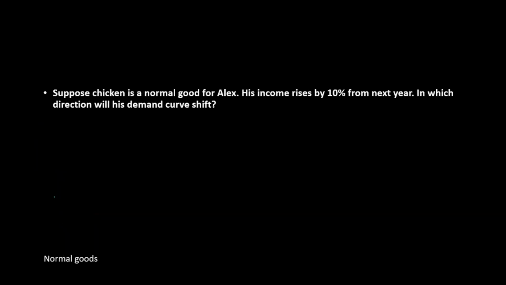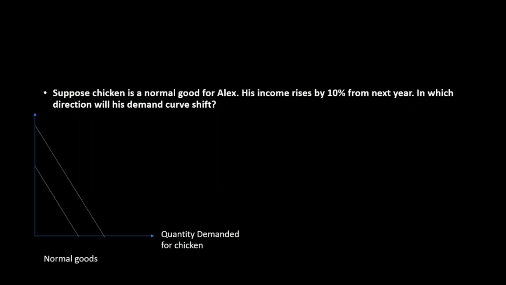Now suppose chicken is a normal good for Alex, and his income rises by 10% from next year. So in which direction will his demand curve shift? We all know for normal goods, with the rise in income, the quantity demanded also increases. Let's see how that works here. Again, on the x-axis, I have quantity demanded for chicken, and this is my original budget line, and this is my new budget line after the 10% rise in income.